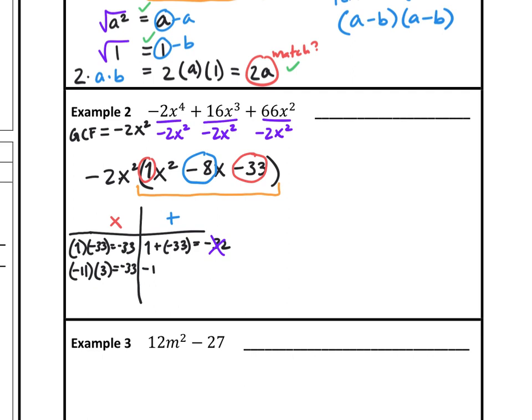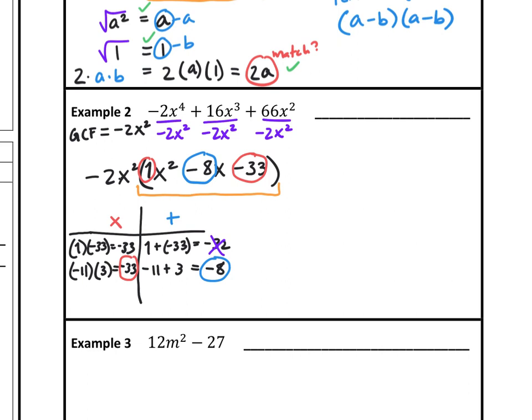And what's negative 11 plus 3? It's negative 8. Awesome, so I get everything that I want to get, right? Multiply and I add to get the middle.